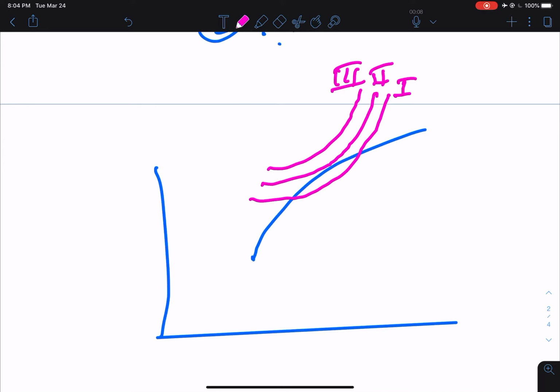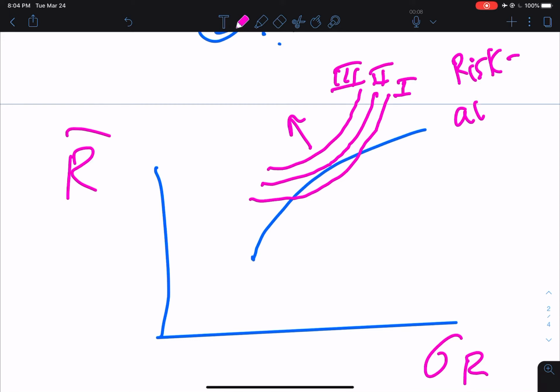And we know that because we have mean historical return here and standard deviation of returns here, investors are happier as they go northwest, as they go this way, because return is a good thing. They want more of that. Risk is a bad thing. They want less of that. So these are the indifference curves for a risk-averse investor.